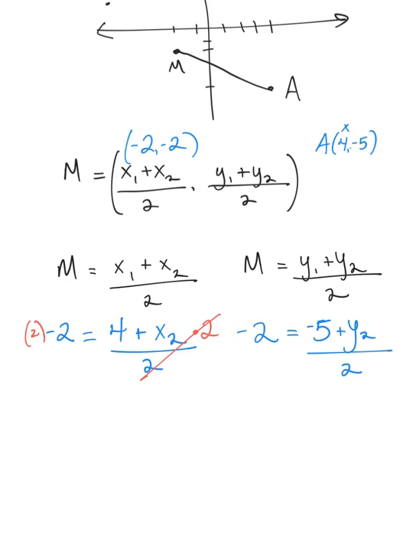And 2 times -2 is -4. Oh, I wrote that as a squared, sorry. That's supposed to be sub 2. And then I'm going to multiply both sides by 2 on this side as well. And I forgot my negative, which makes a humongous difference.